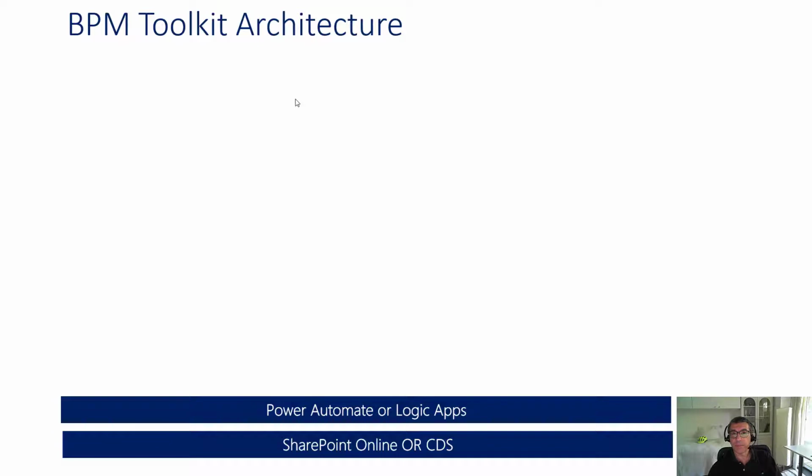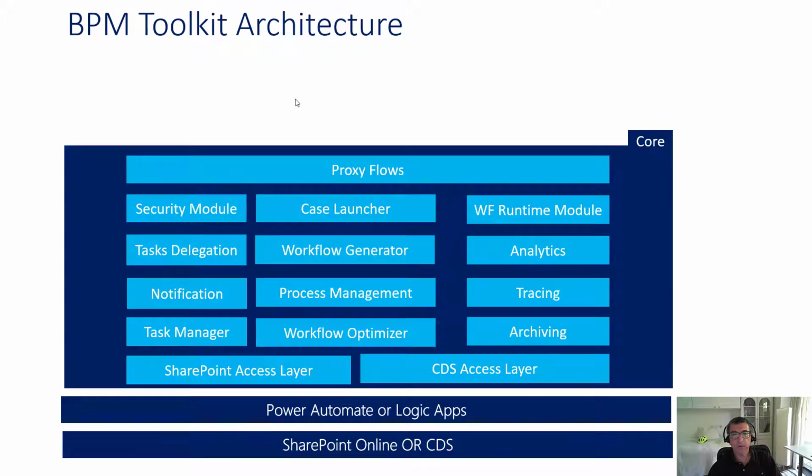The logic is implemented with Power Automate, but technically you can implement the same logic with Logic Apps. On top of that, we have core components. And in the core components, we have proxy flows. If you remember the proxy pattern, these proxy flows are flows that can be called by the UI.